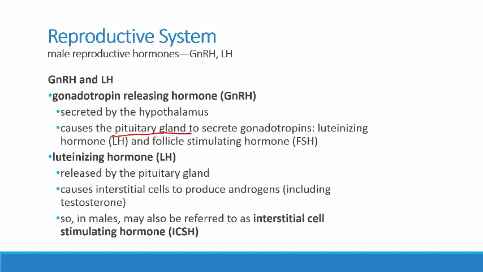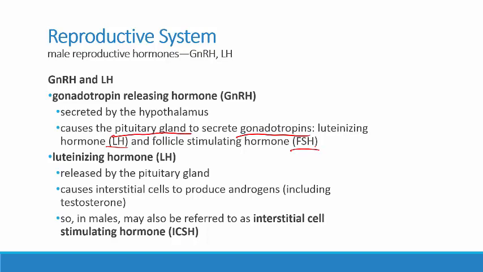When the pituitary gland senses GnRH in the fluids around it, it will secrete and release two hormones into the bloodstream that are gonadotropins. These gonadotropins are called LH and FSH, luteinizing hormone and follicle stimulating hormone.